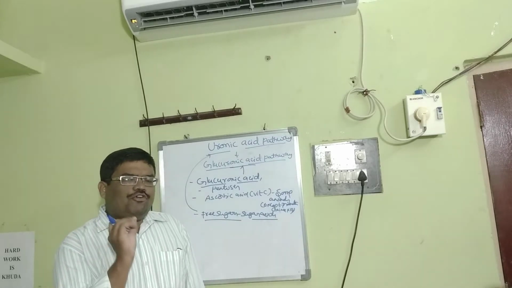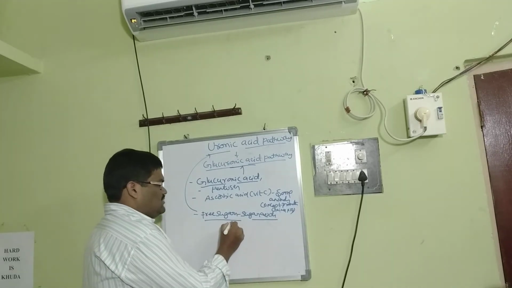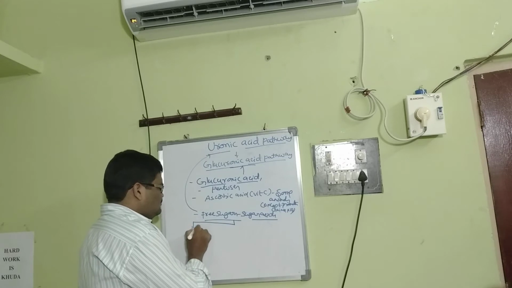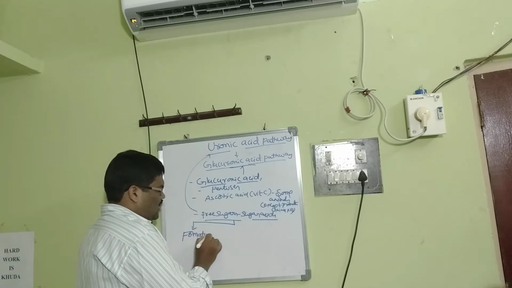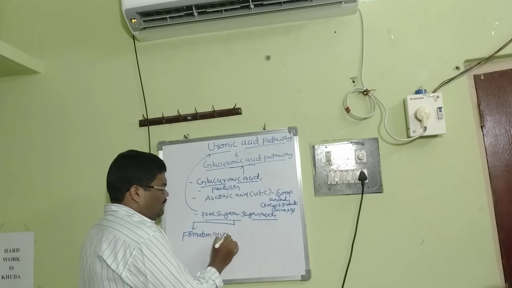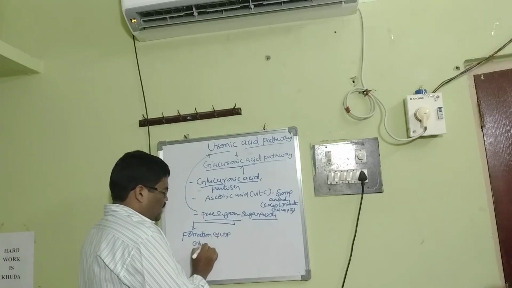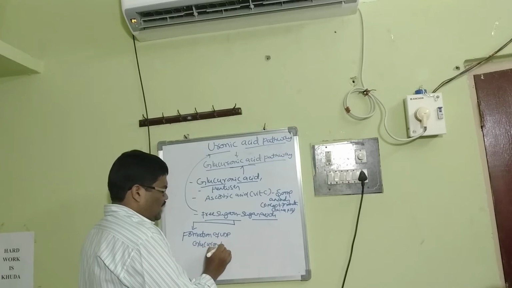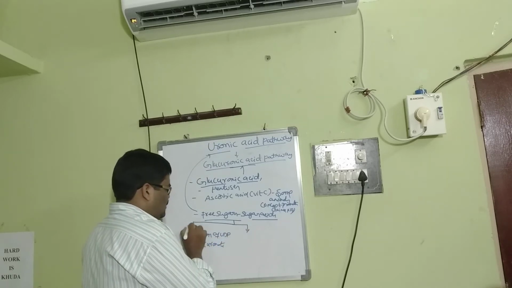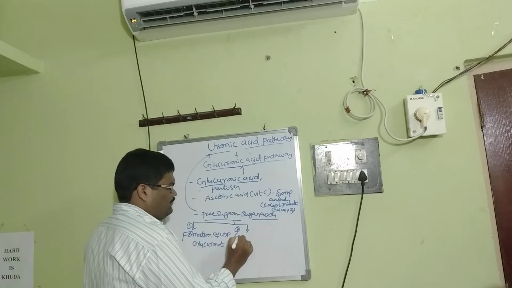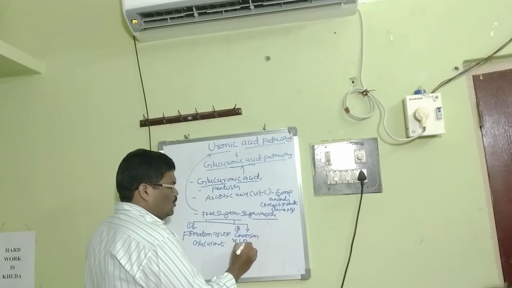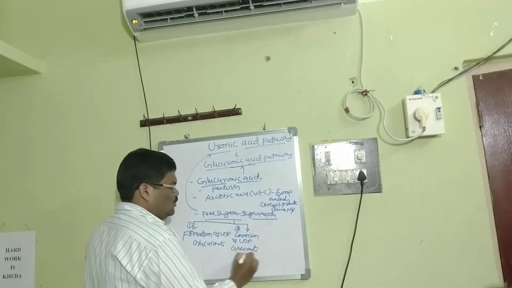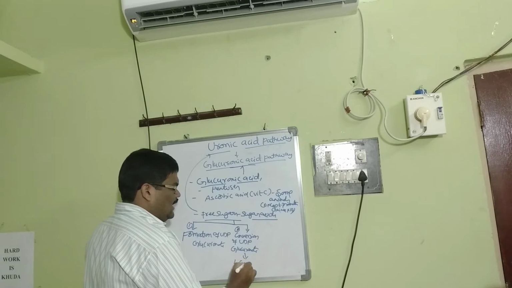There are 4 essential steps in the uronic acid pathway. Number 1, formation of UDP glucuronate. Number 2, conversion of UDP glucuronate to L-gulonate.